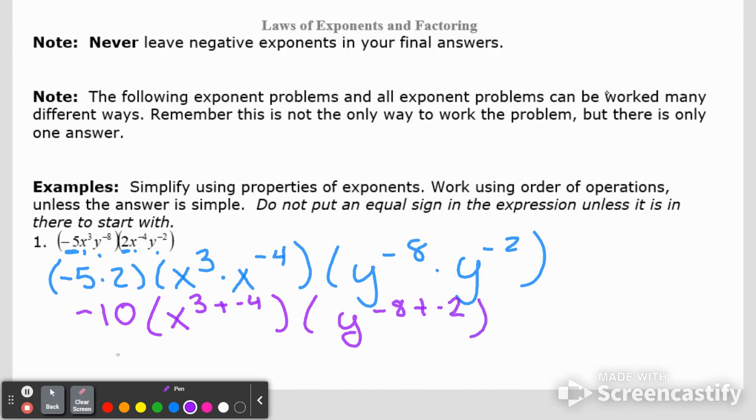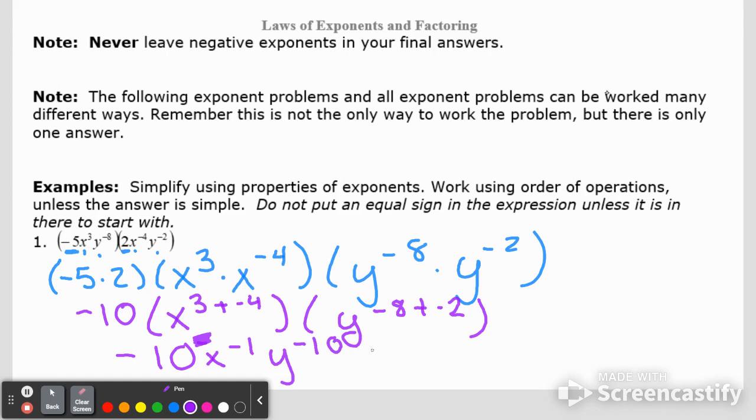So my coefficient is still -10. 3 plus -4 is going to give me -1. Whoops. I don't want that to completely go away. Sorry. That's going to be x to -1. Pretend that's not there. Okay, then our next group, y, -8 plus -2 is going to give me -10.